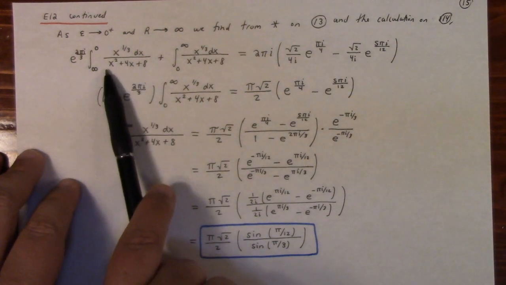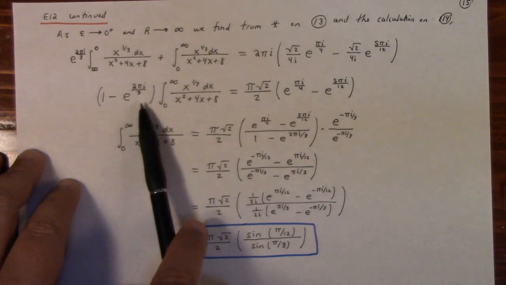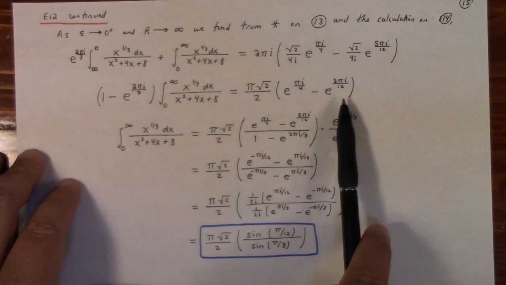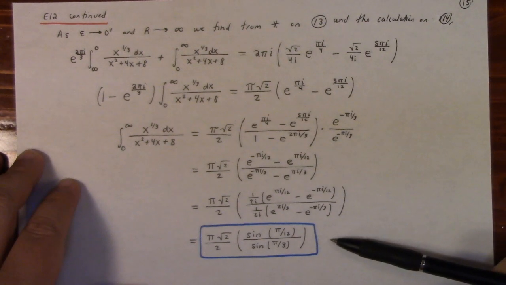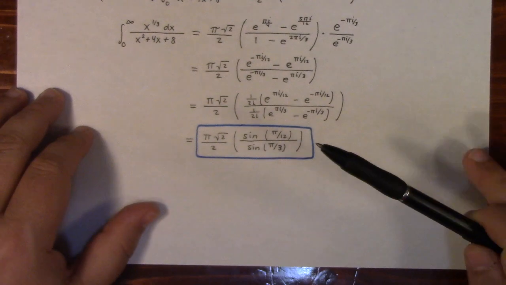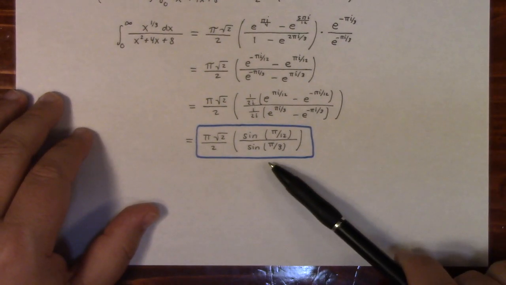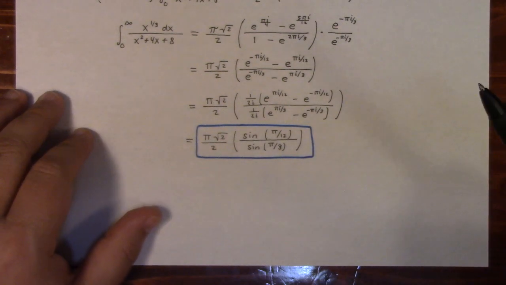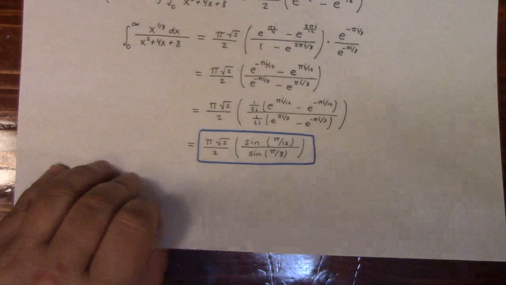No u substitution here, just flip the bounds, and we get 1 minus 2 pi I over 3 times the integral is equal to that, which, through this straightforward simplification, leads you to the answer being pi root 2 over 2 times sine of pi over 12 sine of pi over 3. So, anyway, that's it for today, folks. Thanks, guys.